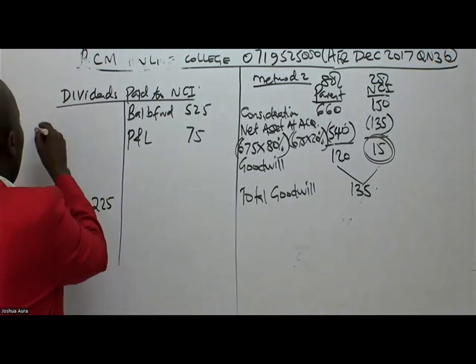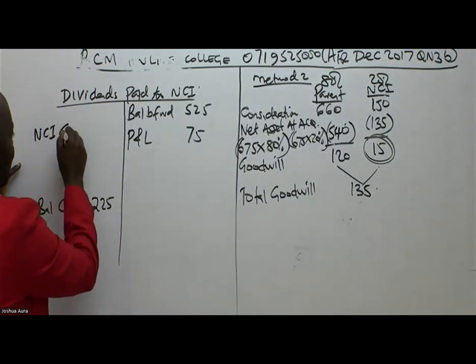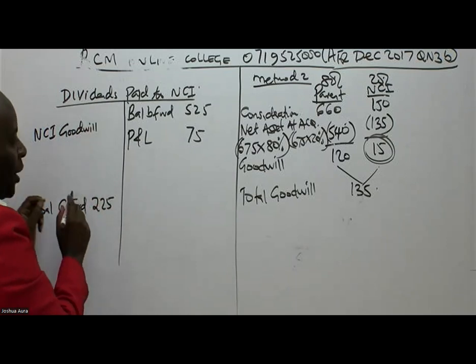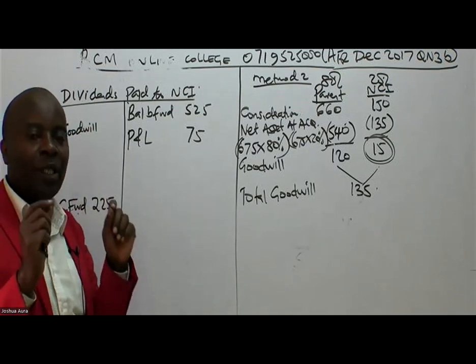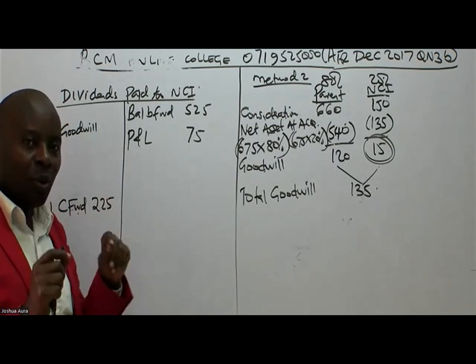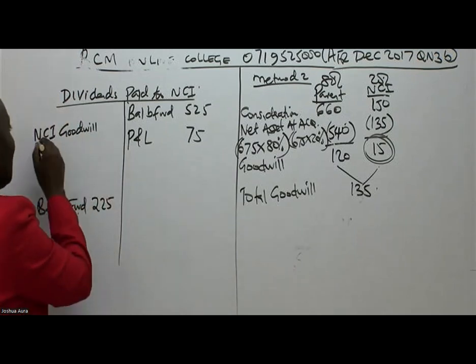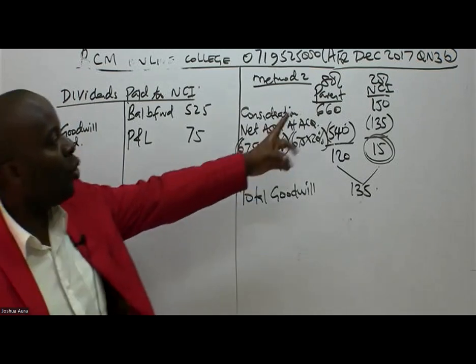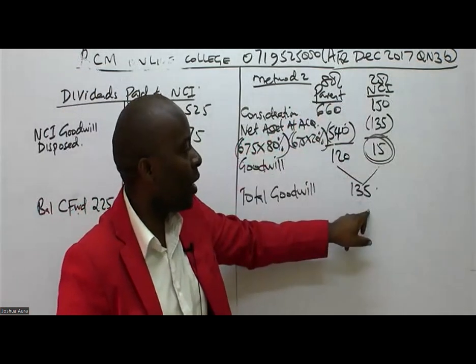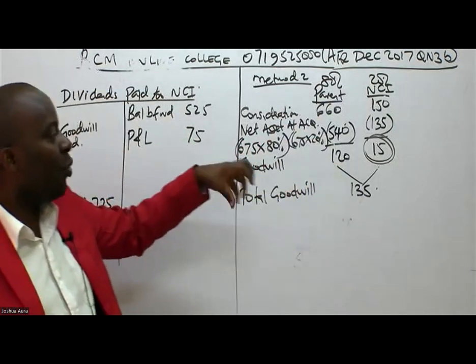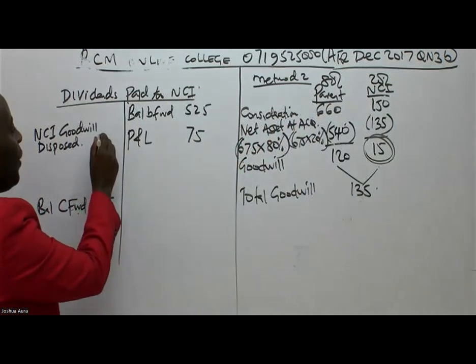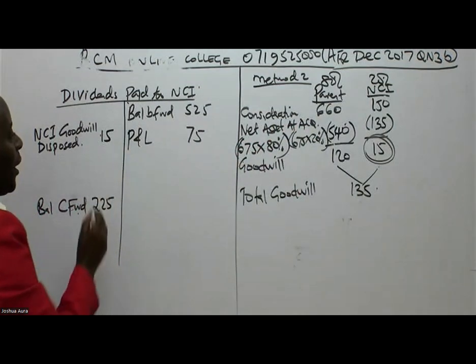We have NCI's goodwill, which went down because of disposal. So NCI's goodwill disposed, and that is what we were doing for NCI alone. NCI's goodwill is 15 there.